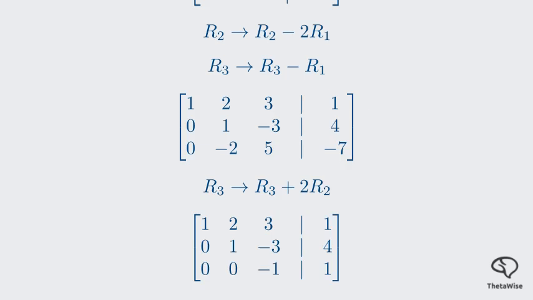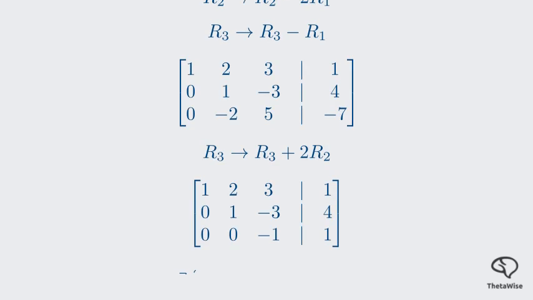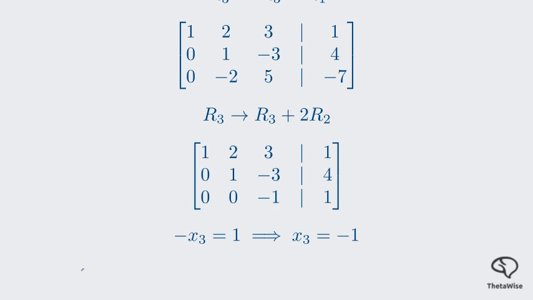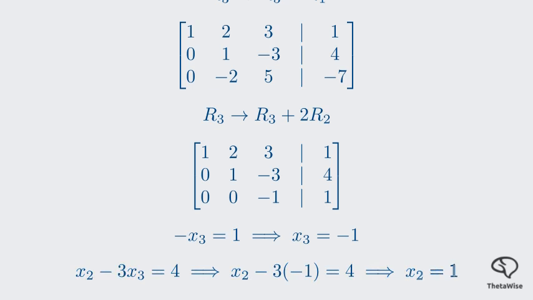We can convert it back into a system of equations and solve using back substitution. The last row tells us that negative x3 equals 1, so x3 equals negative 1. The second row tells us x2 minus 3 times x3 equals 4. Substituting x3, we get x2 plus 3 equals 4, so x2 equals 1.